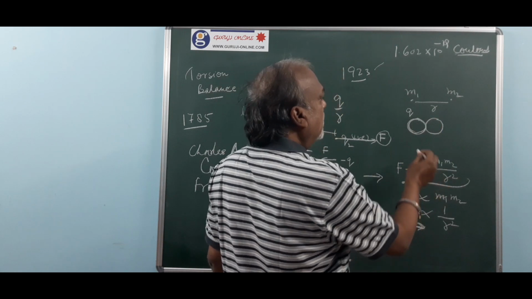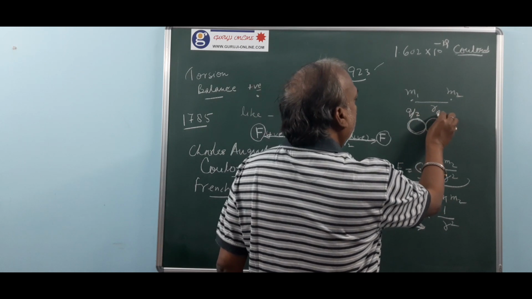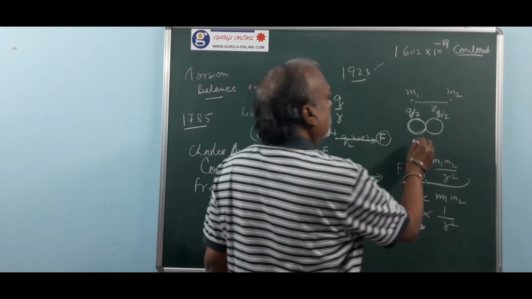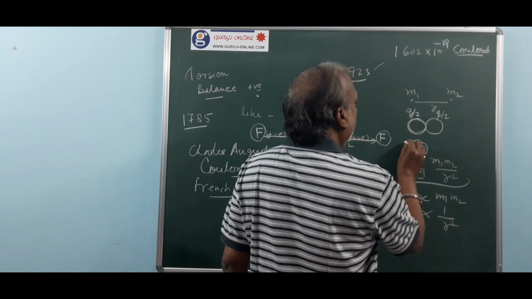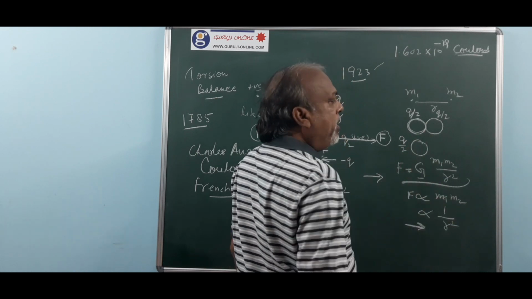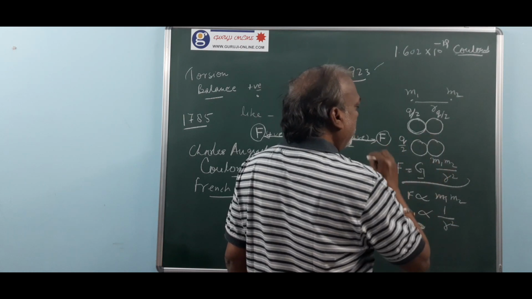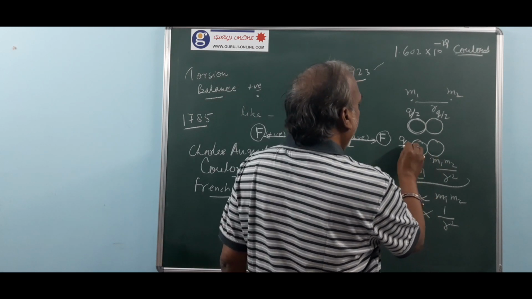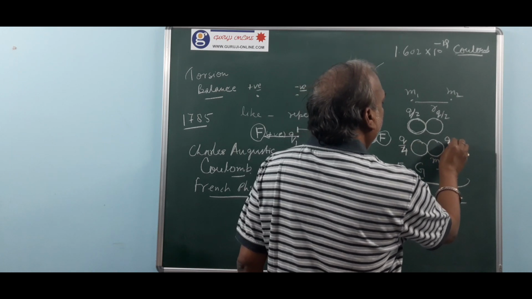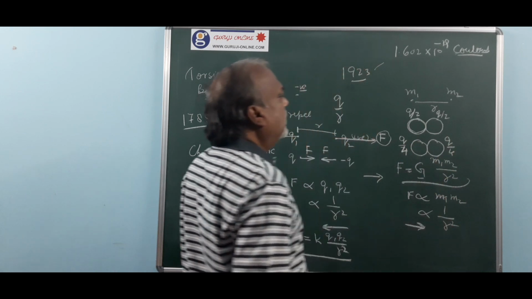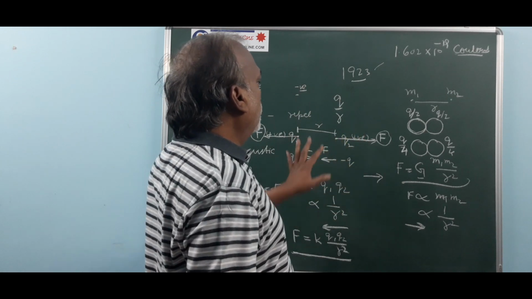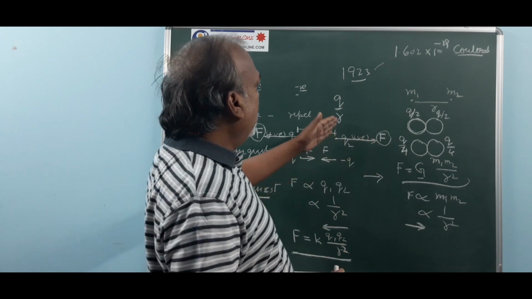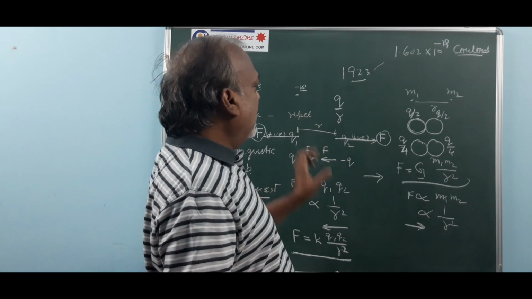Naturally there will be redistribution of charges, and each will have Q by 2. Now this charge has Q by 2, and you make it touch another particle which does not have any charge. Then the charge will redistribute and each will have Q by 4. Like that, between these two, he varied the quantity of charges and also he varied the distance.